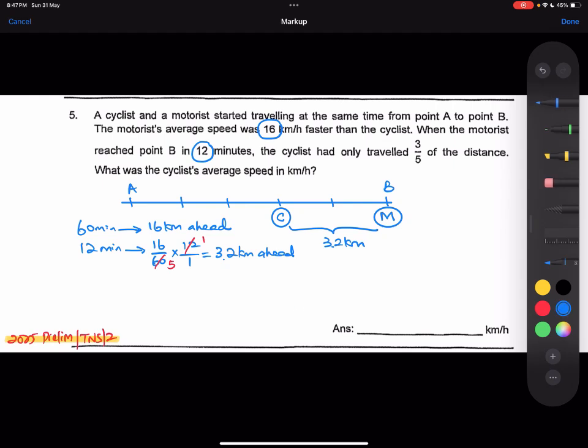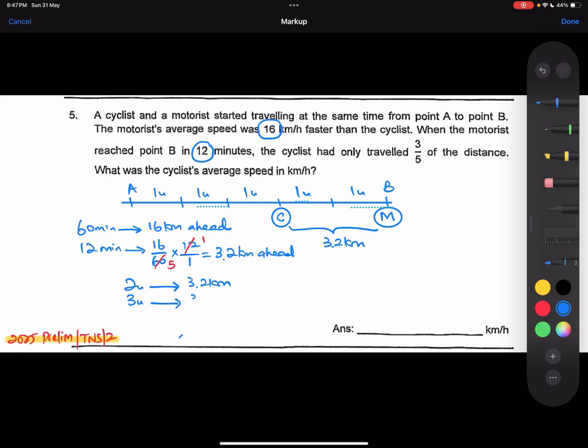Now given that we have split the distance into 5 parts, we can treat this as 1u, 1u, 1u, 1u. So 2u is 3.2 km. Let's find the distance traveled by the cyclist, which is 3/5, that is 3 units.